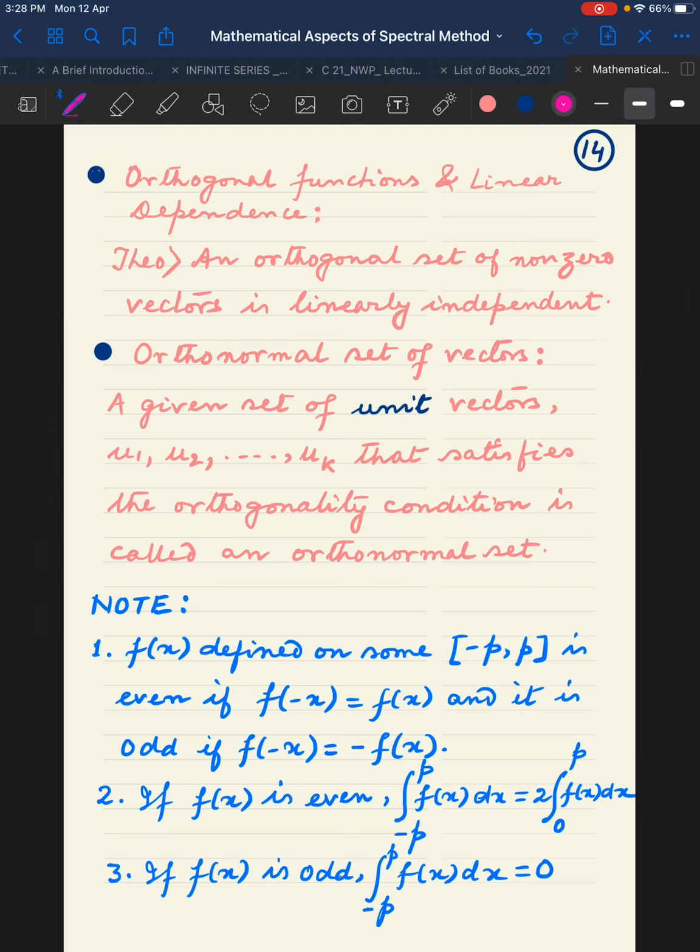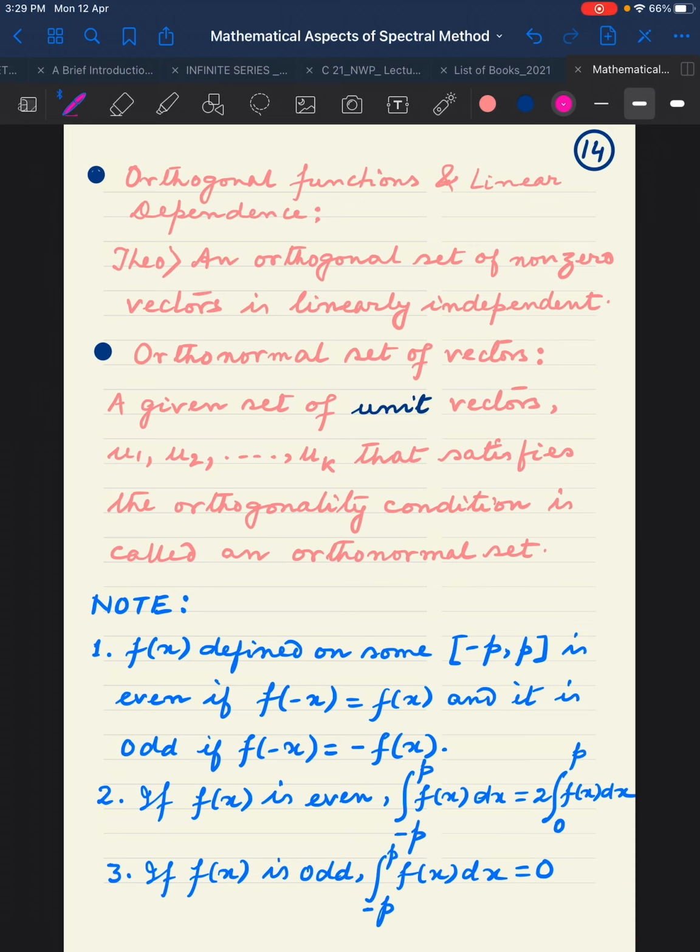Now you can find the link. You see, an orthogonal set of non-zero vectors is linearly independent, and since they are linearly independent, they can be extended to a basis. So now you understand the importance of orthogonal functions and basis and their relation.